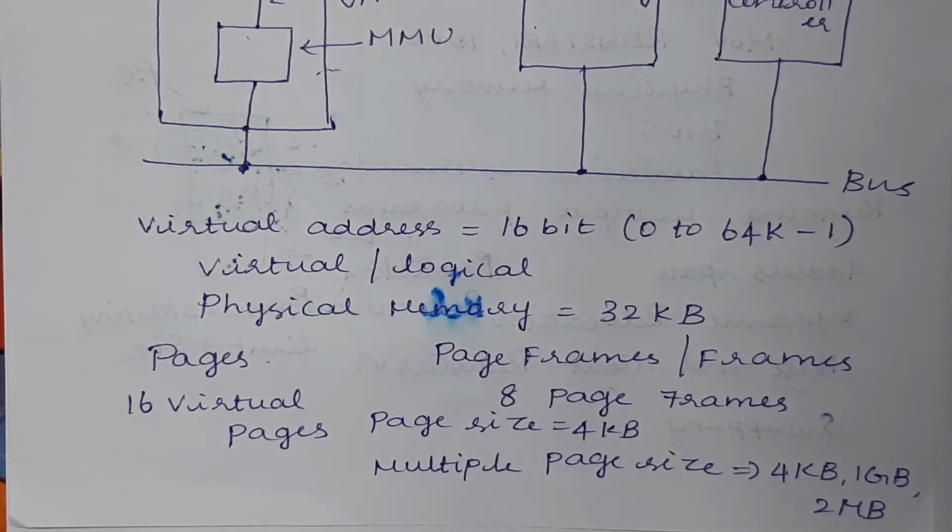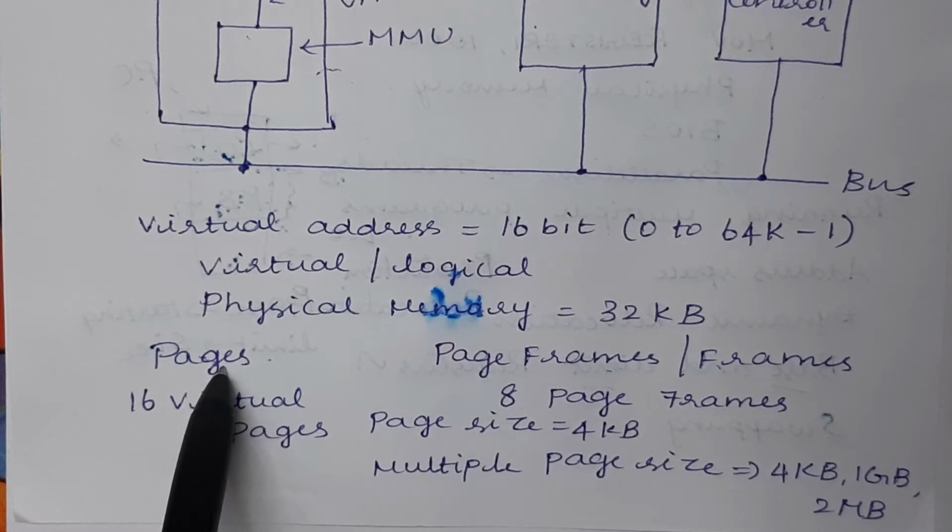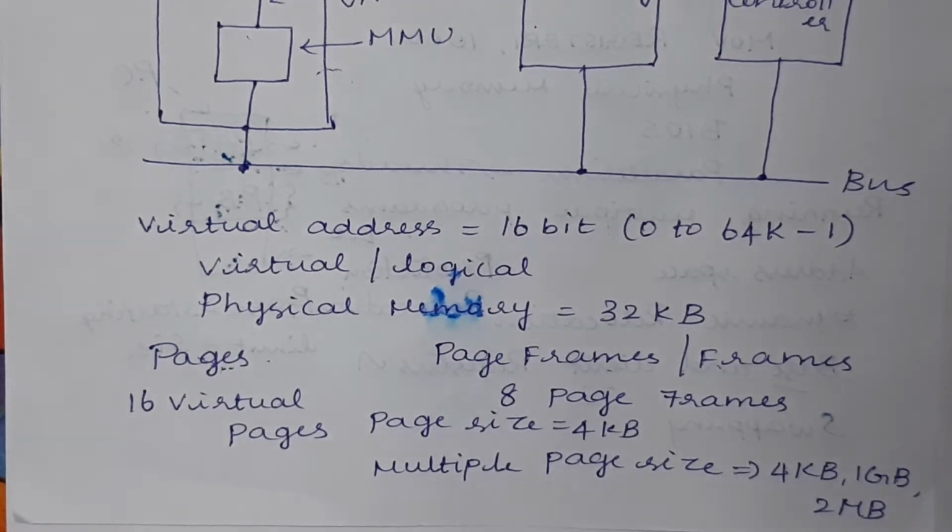The main memory is divided into several partitions, and those partitions we call frames, otherwise page frames. In the virtual address space, the process has been divided into many partitions, and those partitions are said to be pages.